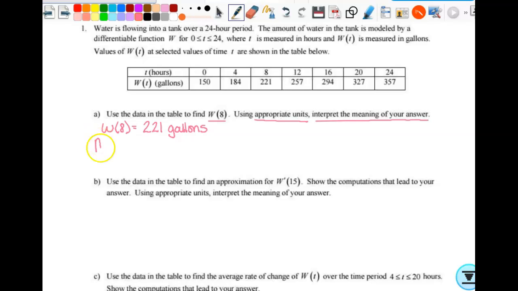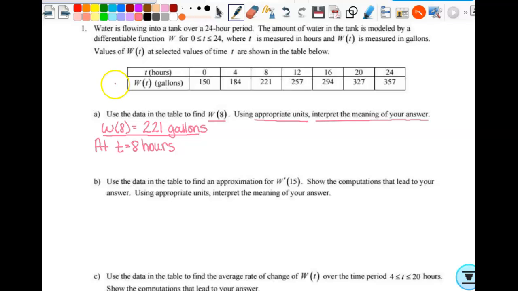So this is what this means right here. At t equals 8 hours, what do we know at t equals 8 hours? Well, okay. Is it producing? That's a good question. So it says water is flowing into the tank over a 24-hour period. The amount of water in the tank is modeled by this function.